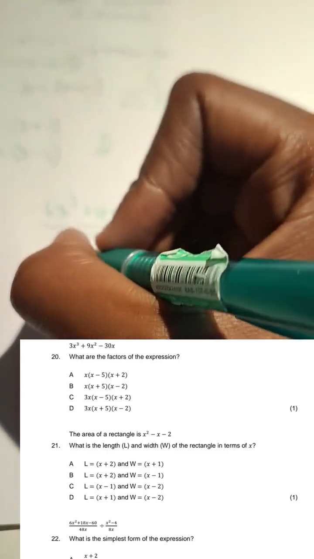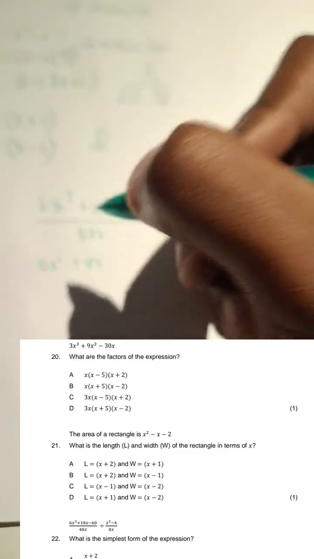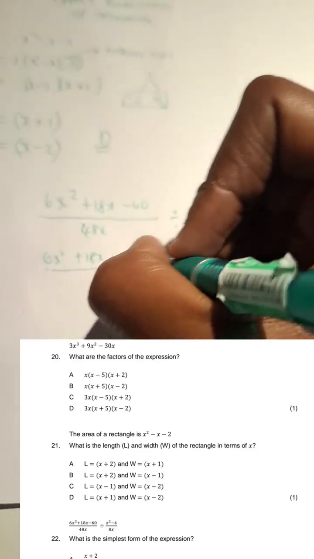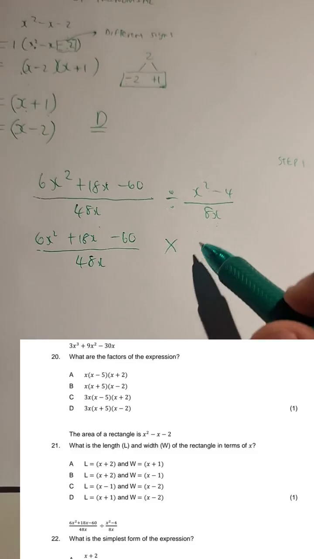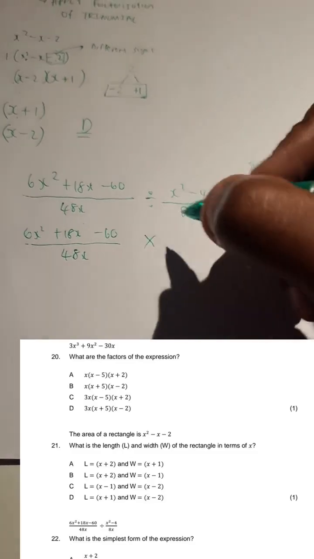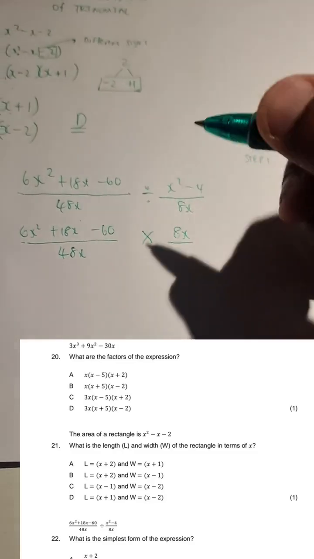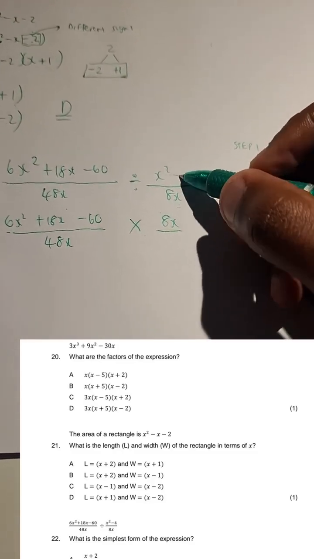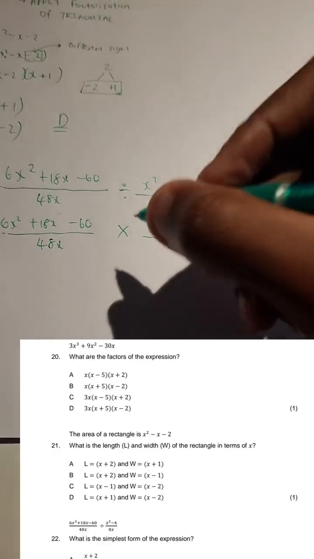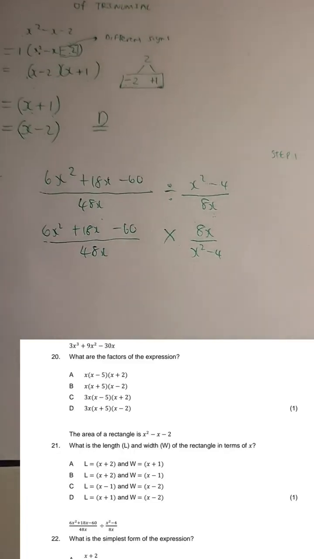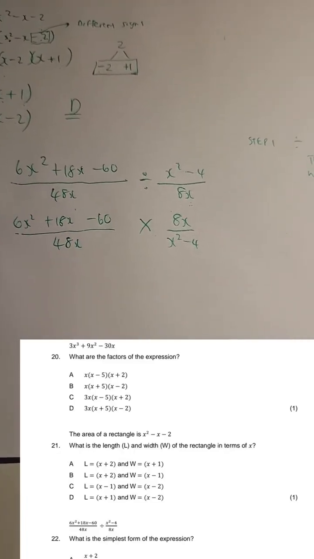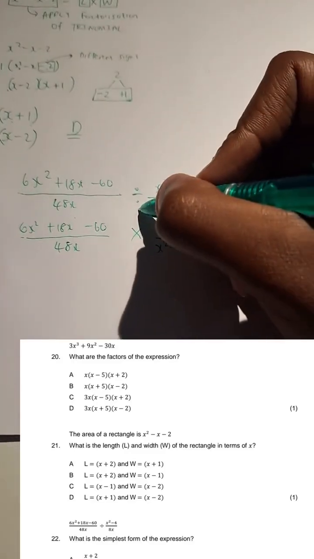So let's rewrite this question as our first step. Whenever there is a division sign, we change division to multiplication. Then the fraction that follows the division sign flips over. So it's 8x over x squared minus 4. That's step number 1.